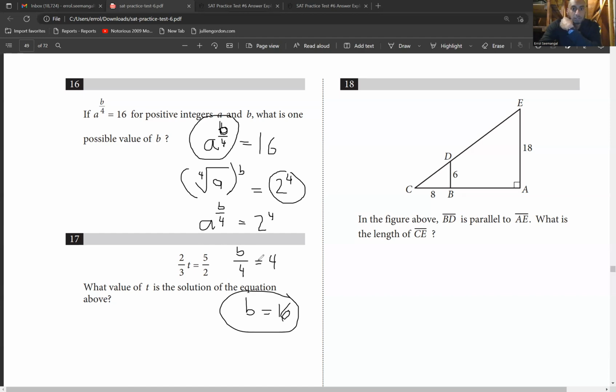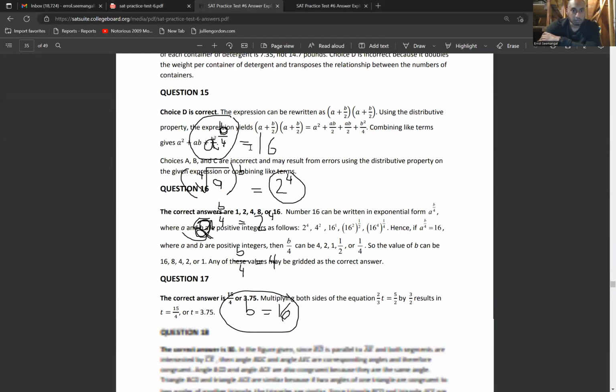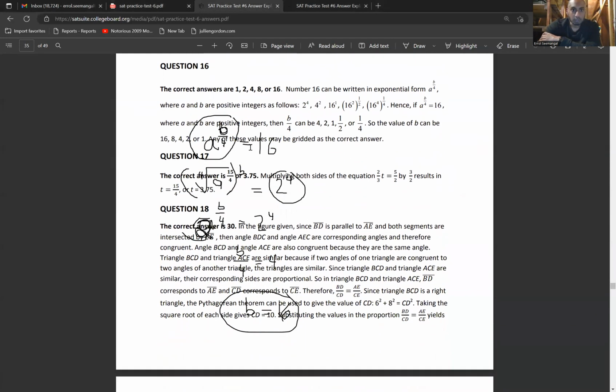If A is 2, we have the same base, so we can equate the exponents. But if this was 5, I think you're right. Because if A is something other than 2, you can't go beyond this step. Let's check that one. 16. Correct answers are okay.